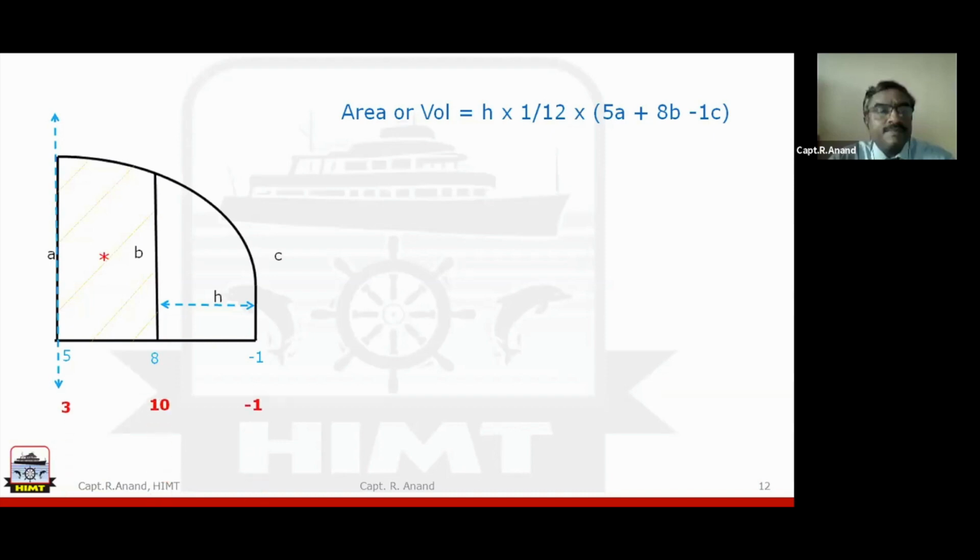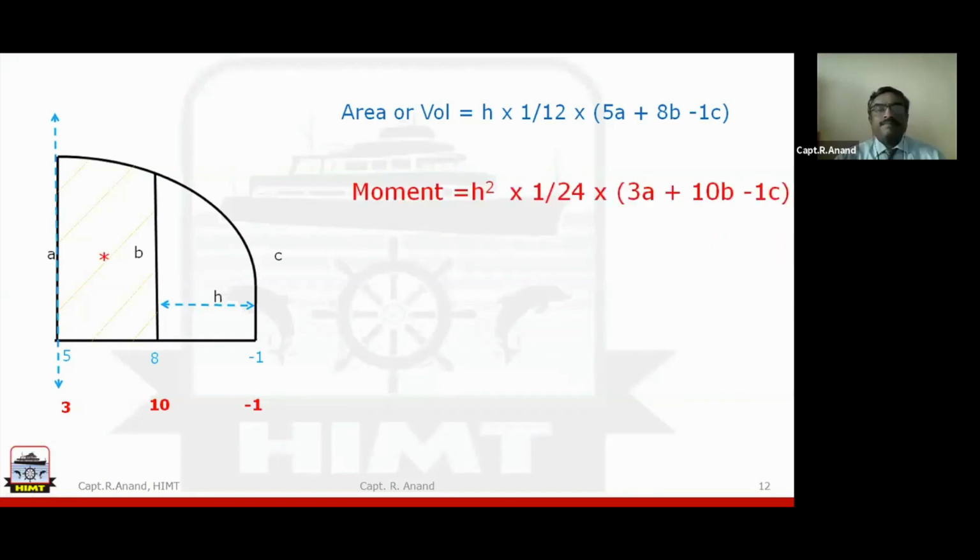Now, for calculating the moment, I use a completely different set of multipliers. This is irrespective of what is H, all that doesn't matter. The multipliers for calculating moment are 3, 10, minus 1. So I get the moment as H squared into 1 by 24 into 3A plus 10B minus 1C. So the multipliers are 3, 10, minus 1 for moment, which is unlike rule 1 and 2. This is slightly different. So here direct multipliers are given for moment also.